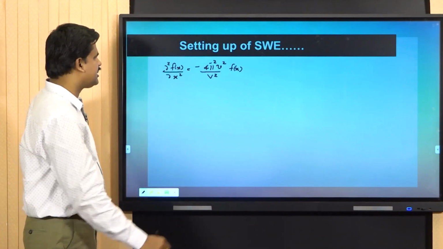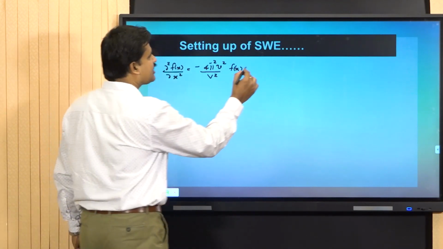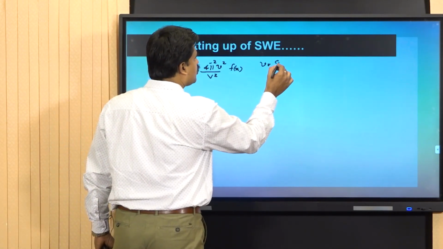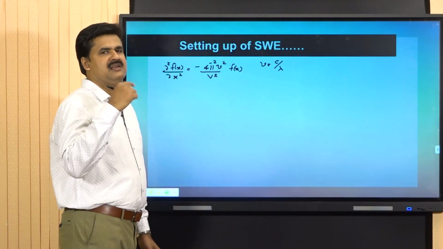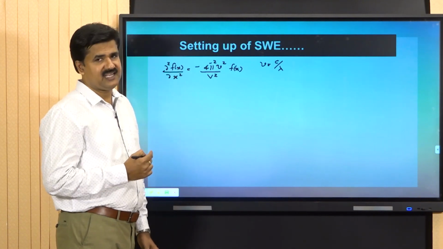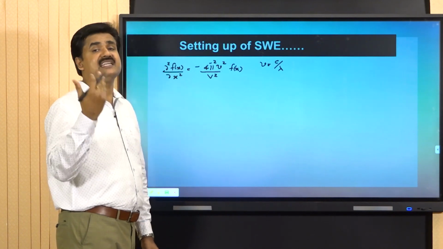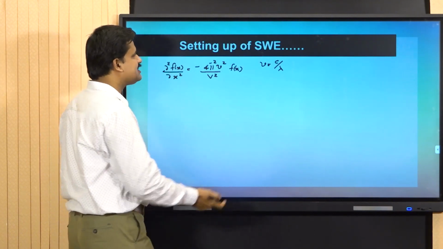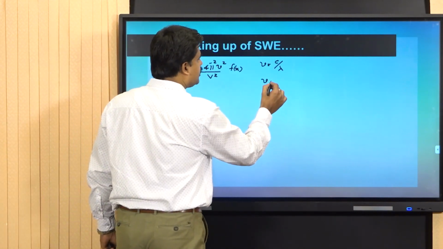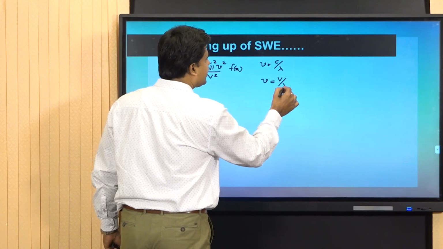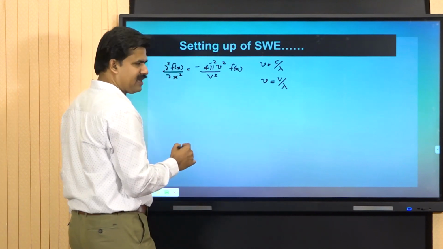It should be noted that the frequency and wavelength are connected as ν equals c by λ, where c represents the velocity of light. Now we are discussing a wave propagating with a velocity v. For convenience, this c can be replaced by v. That is, we get ν as v by λ. I can replace ν² by v² by λ².